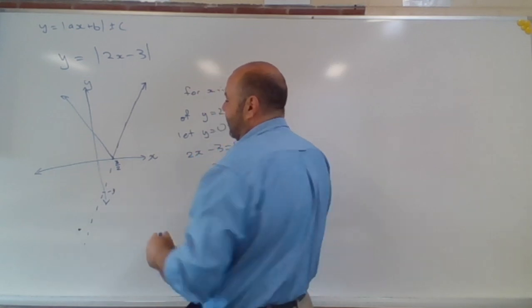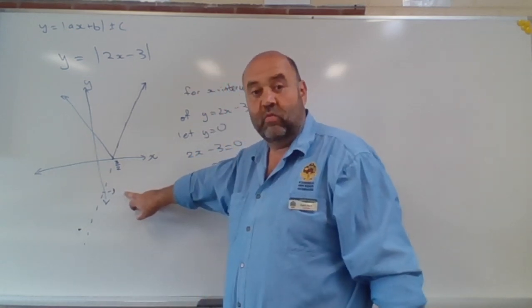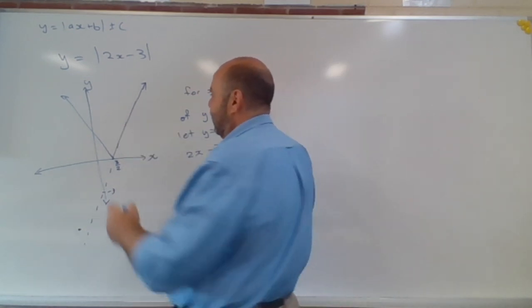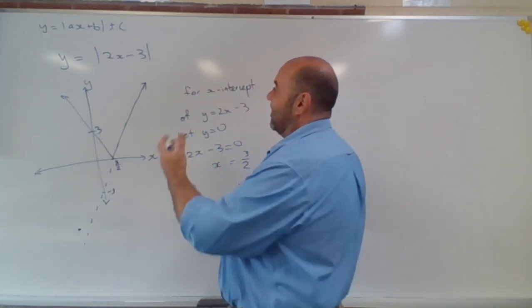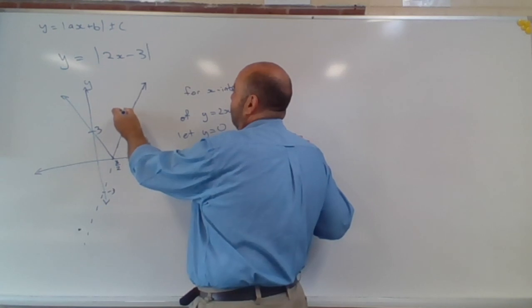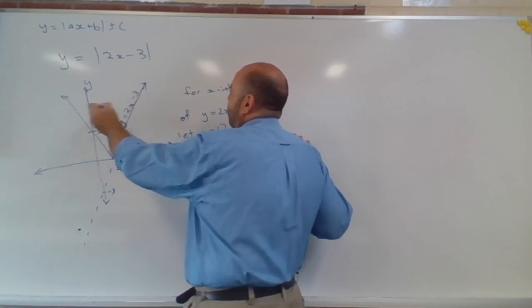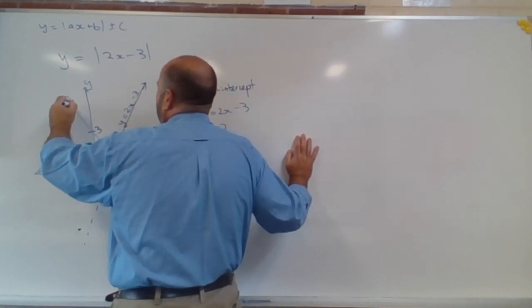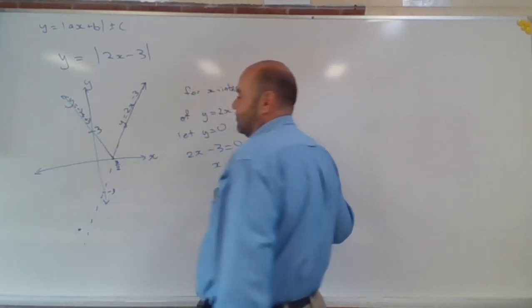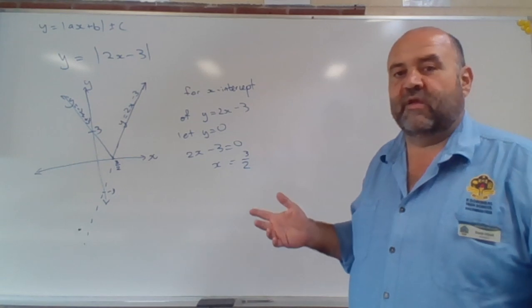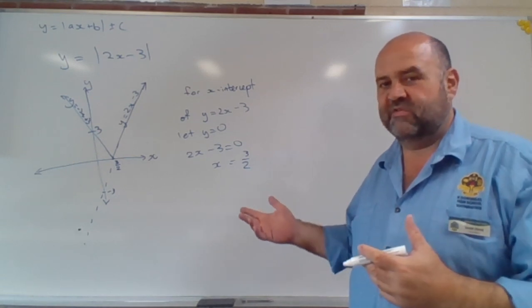So instead of cutting the y-axis down here at -3 where it would have cut, it's going to cut up here at +3. This half of our graph is y equals 2x minus 3. This half of our graph is the negative of that, y is -2x plus 3. Okay, we saw that last time. We're just seeing it again.